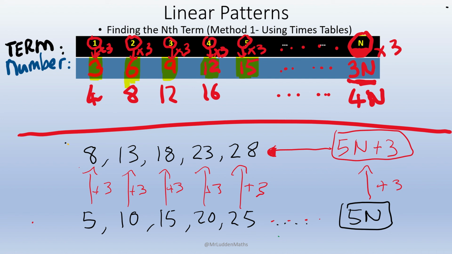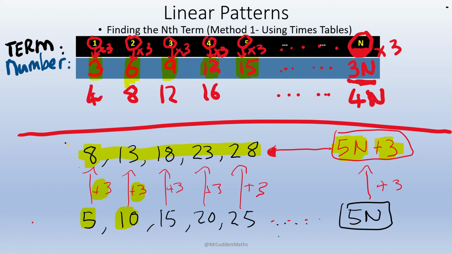So what we're actually looking at, just to highlight it again, is my 5 times tables, but I'm adding 3 to each one of them. So the first one of my 5 times tables would be 5, but I'm adding 3, so I'm going to get 8. The second one would be 10, but I'm adding 3 to get 13, and so on. Guys, that's the first method of getting your nth term for linear patterns.